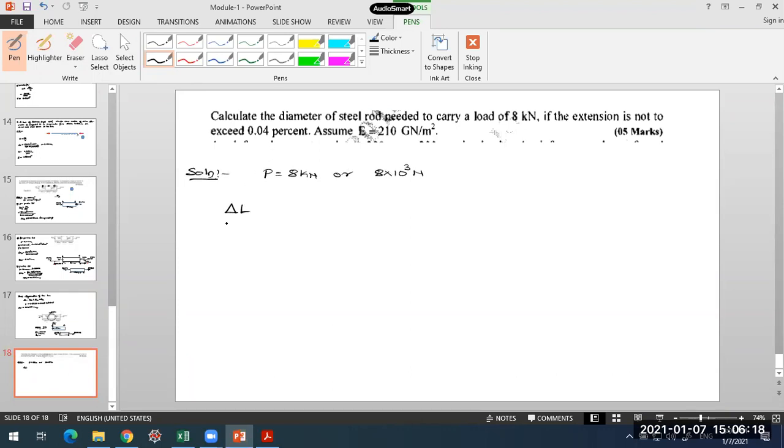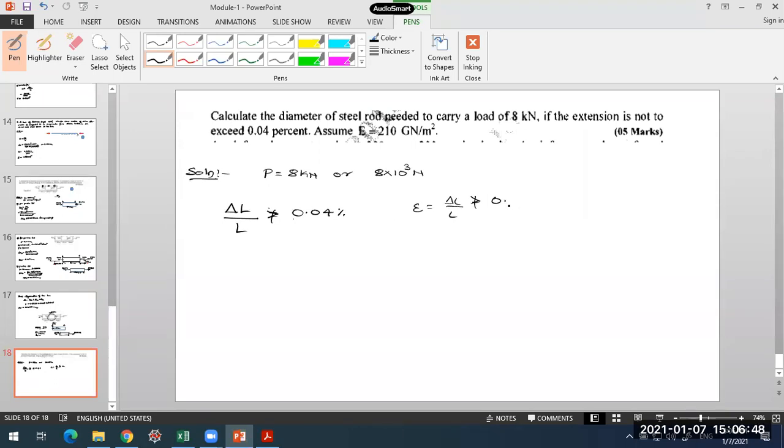This is our extension, but what is given to us is this percentage of original length, that is 0.04%, or this strain which is delta L by L. So it should not exceed 0.04 by 100.